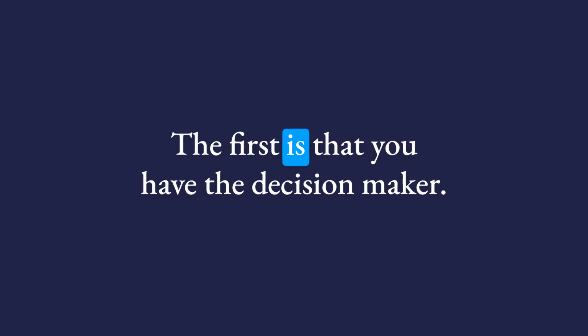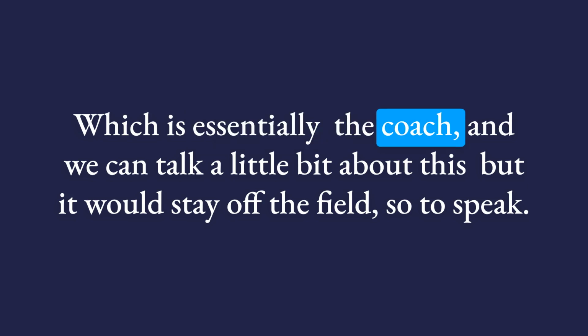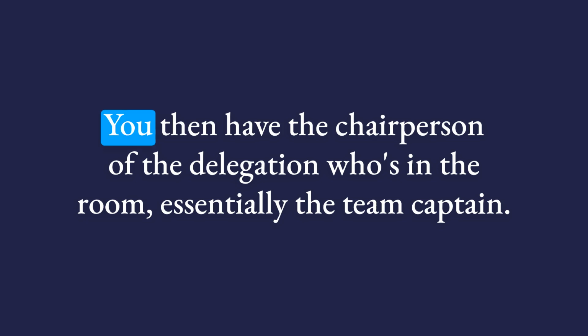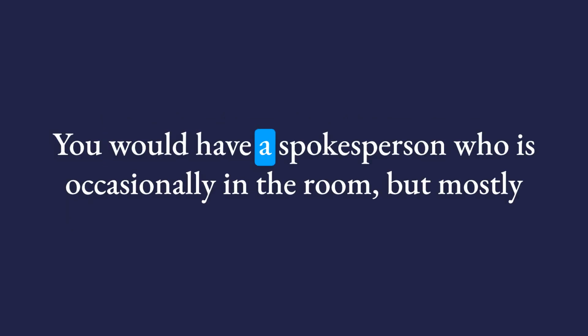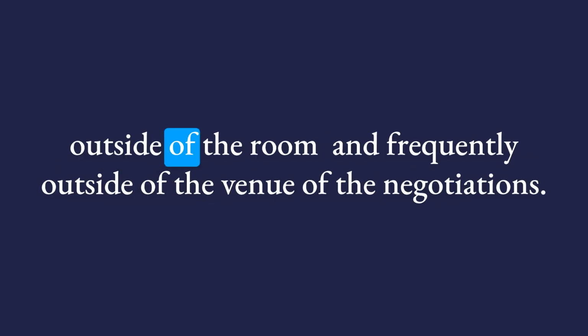The first is that you have the decision maker, which is essentially the coach. And we can talk a little bit about this, but it would stay off the field, so to speak. You then have the chairperson of the delegation who's in the room, essentially the team captain. You'd have a spokesperson who is occasionally in the room, but mostly outside of the room and frequently outside of the venue of the negotiations.